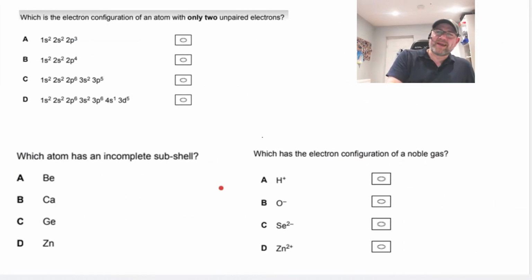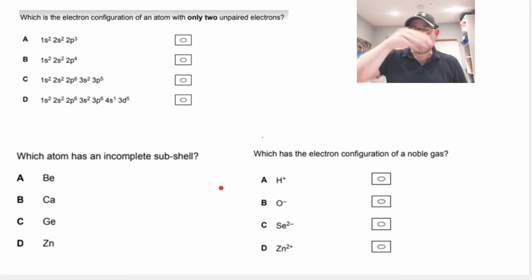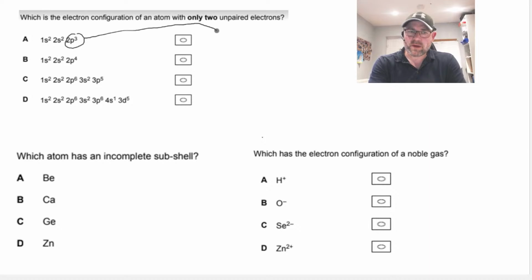You probably won't be able to get these if you haven't watched the start of the video, but I'll take you through it. Which electronic configuration is of an atom with only 2 unpaired electrons? So what I can do here, see these, the p orbitals look like this.